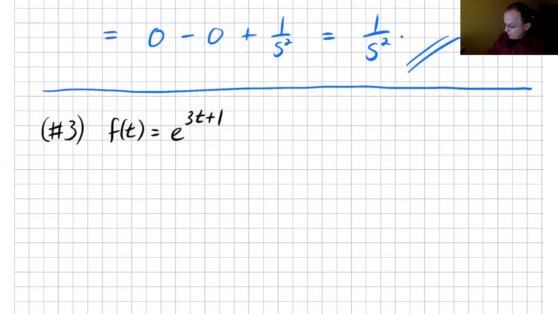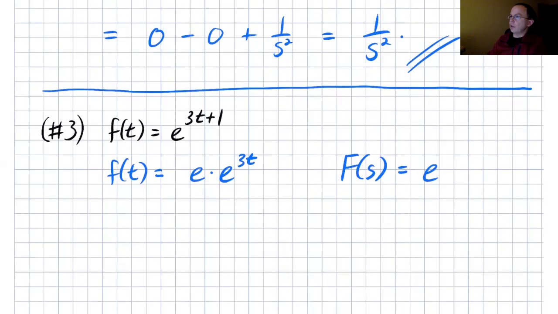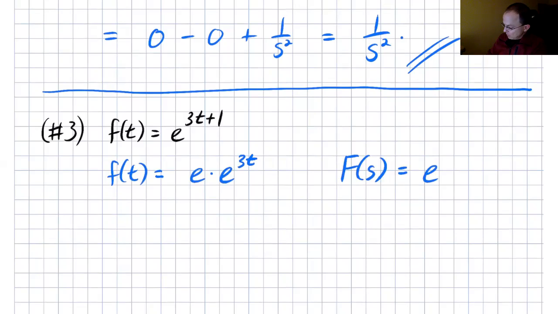So I guess I would write this as f of t is equal to e times e to the 3t. And so then the Laplace transform would be e times the Laplace transform of e to the 3t, which is 1 over s minus 3.